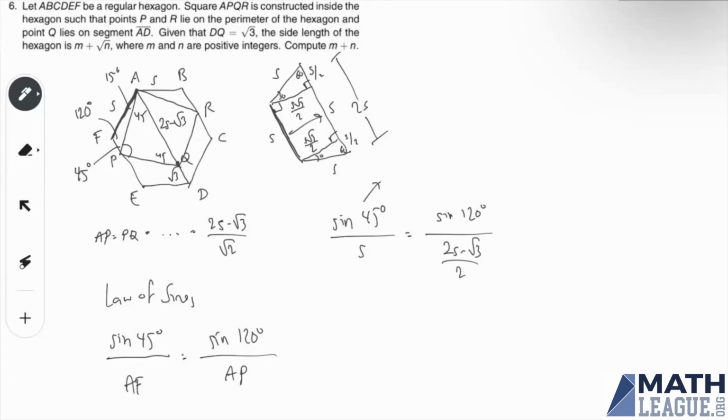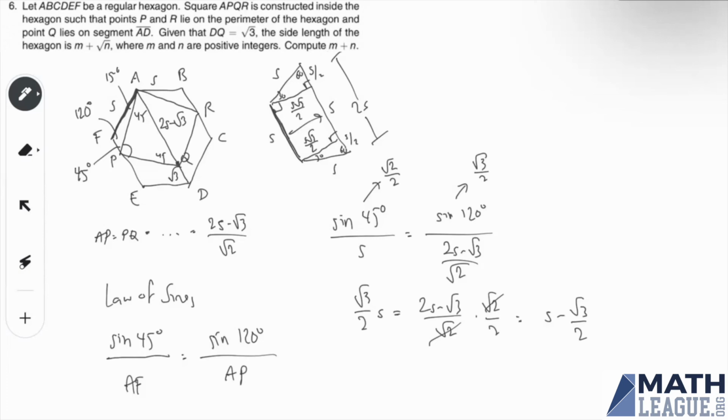Sine of 45 degrees is root 2 over 2. Sine of 120 degrees is root 3 over 2. So we get root 3 over 2S equals 2S minus root 3 over root 2 times root 2 over 2. The root 2's cancel. Divided by 2, here we get S minus root 3 over 2.